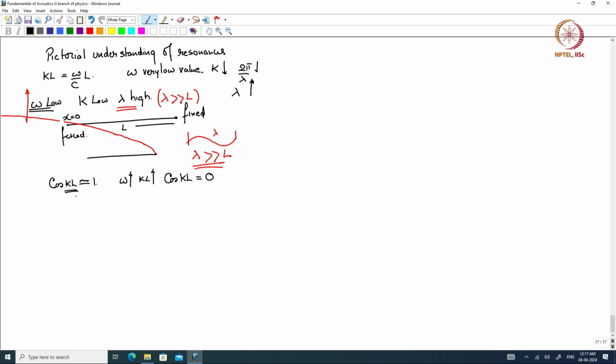So what is that value? KL is pi by 2, okay. So that twice pi by lambda into L is equal to pi by 2, pi goes away, L is equal to lambda by 4, or lambda is equal to 4 times L.